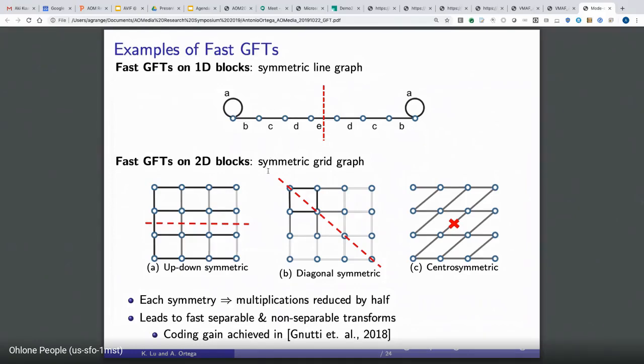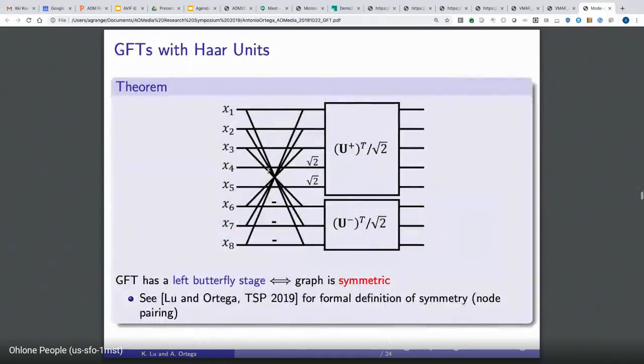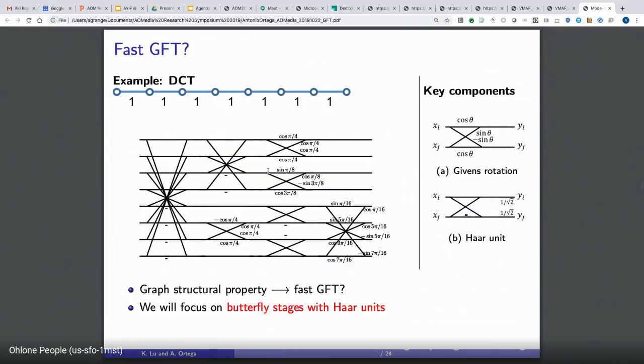And these are examples of symmetries that you can find. And whenever you have one of these symmetries, you can say roughly a factor of 2 reduction in complexity. Now, of course, the beauty of the DCT is that when you do this first symmetric operation, you end up with graphs that themselves are symmetric again, right?